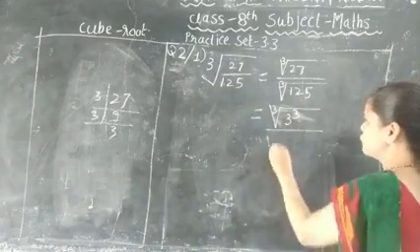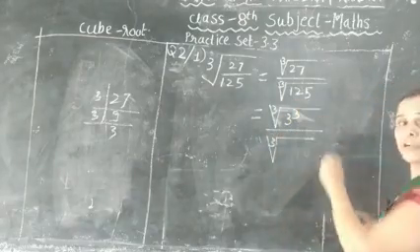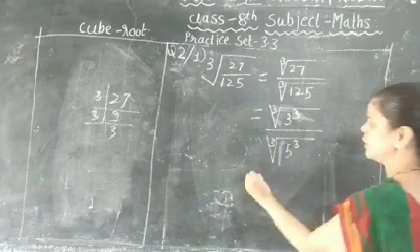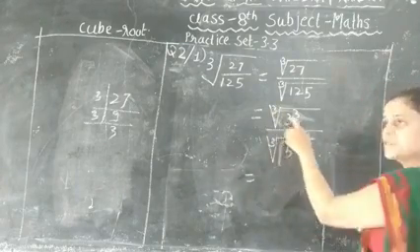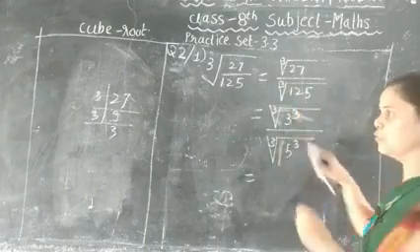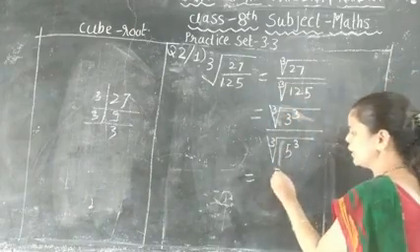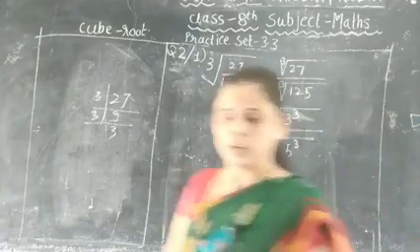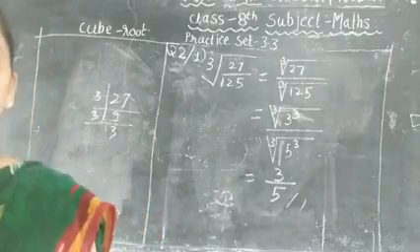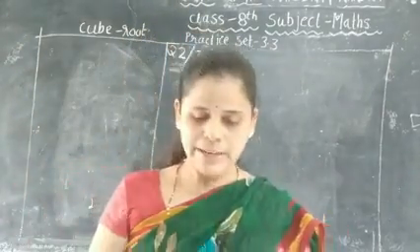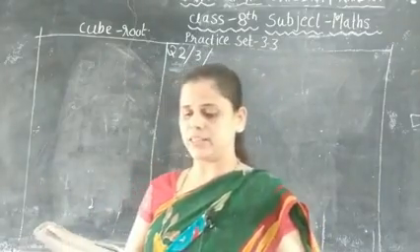Then 125 you can write as 5 raised to the power 3. Then the power of 3 and the cube root symbol cancel out, so the remaining is 3 upon 5. This is your answer. So write down all the questions in your notebook. The next question, question number 2, is very easy.